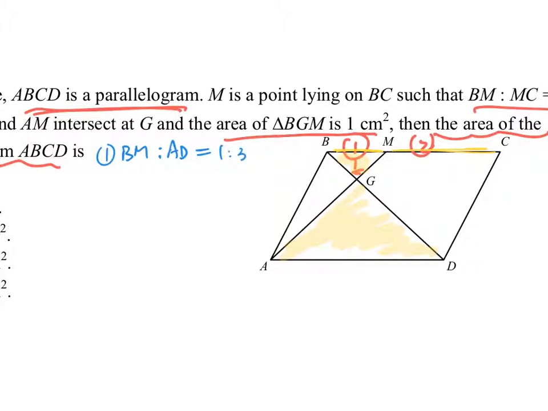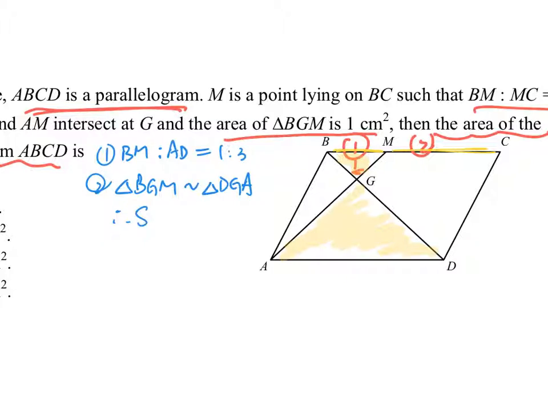Yes, it's 1 to 3. So secondly, we can find that triangle BGM is similar to a triangle. Note the order of the letters because they are important in writing similar triangles. So it should be DGA this time.